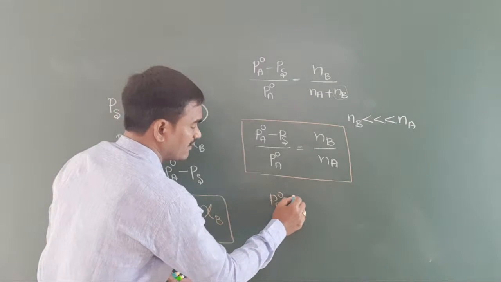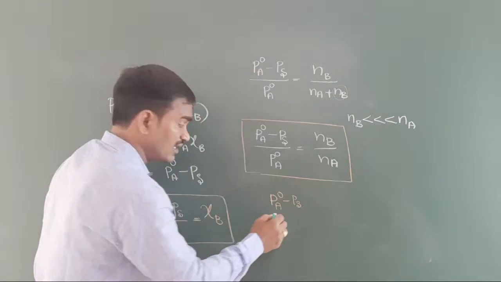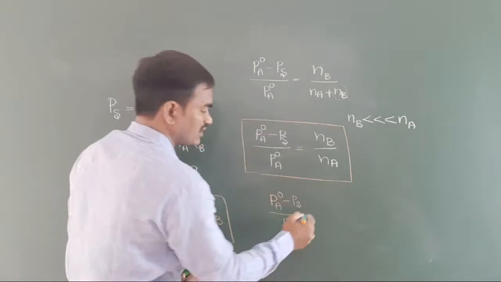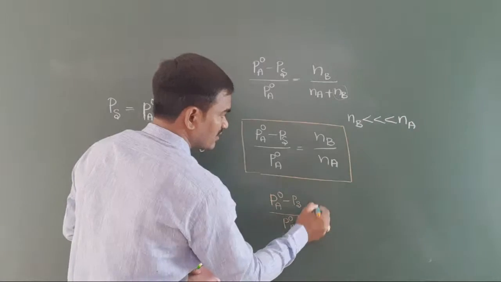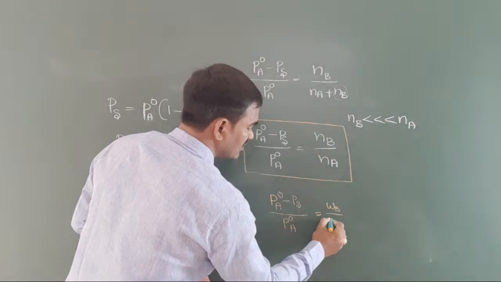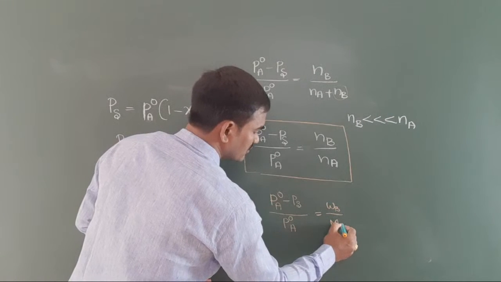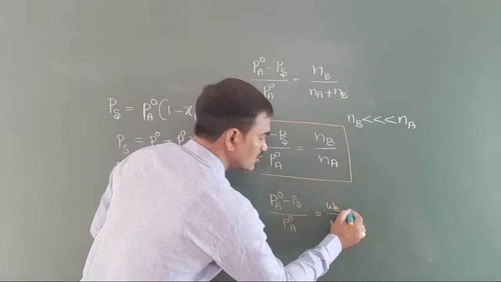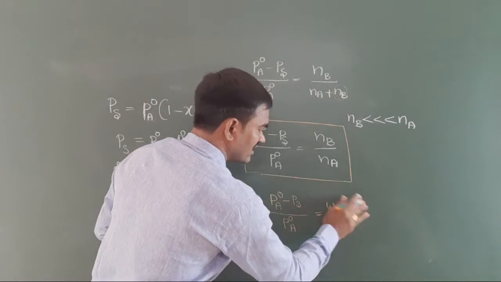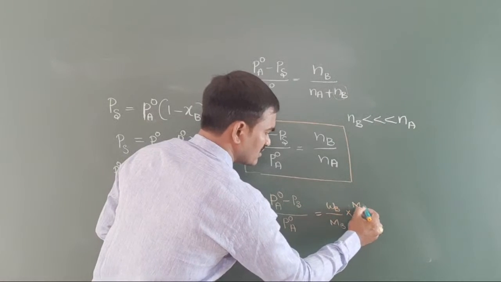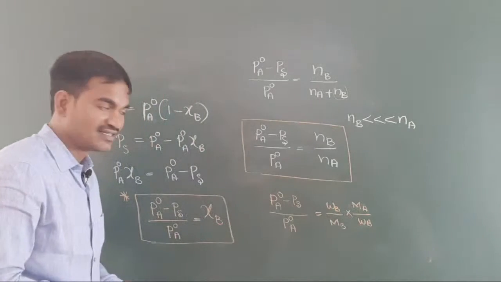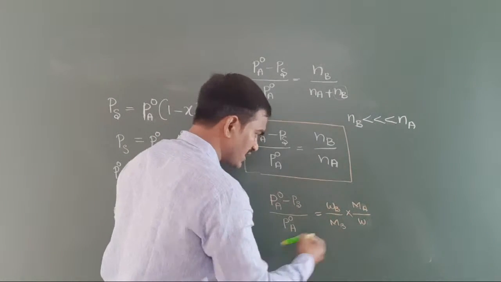(P naught A minus Ps) divided by P naught A is equal to weight of solute by gram molecular weight of solute, into gram molecular weight of solvent by weight of solvent, A meaning solvent.